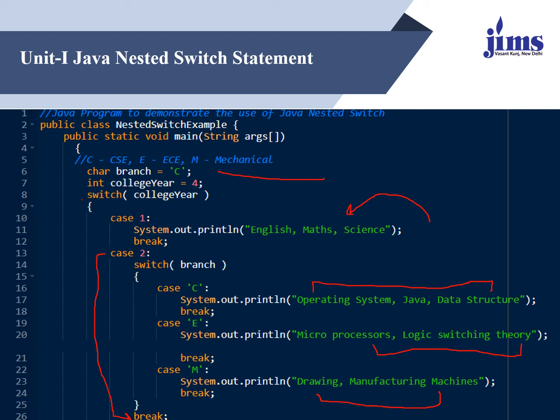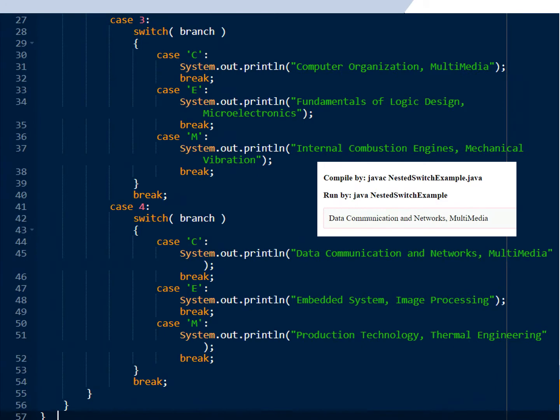So within a switch, I am checking another switch statement. I am nesting another switch block because I need to check again. Similarly, in case 3, I am again checking the branches accordingly, mentioning the name of a subject. In case the expression has college year as 4, it will again check the branches.